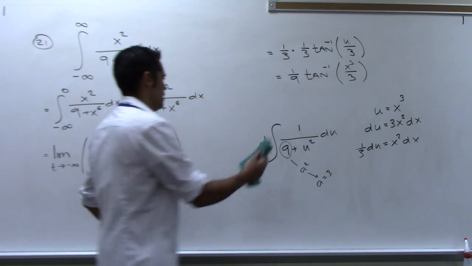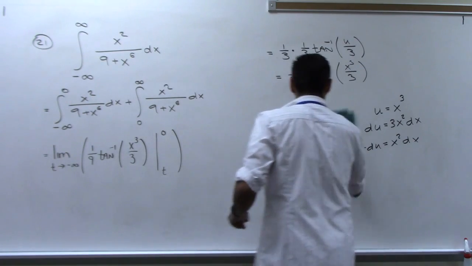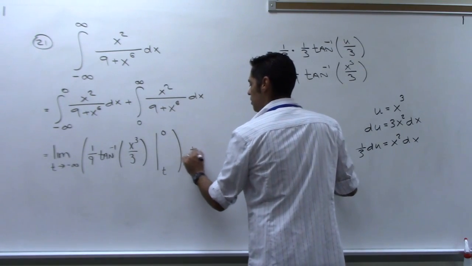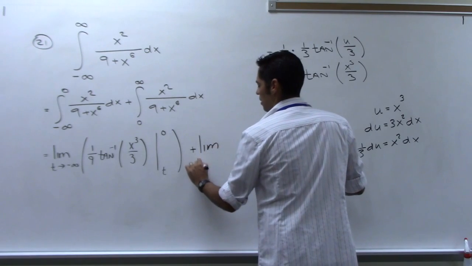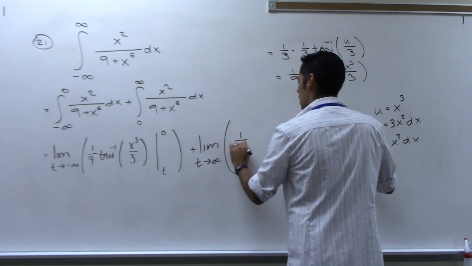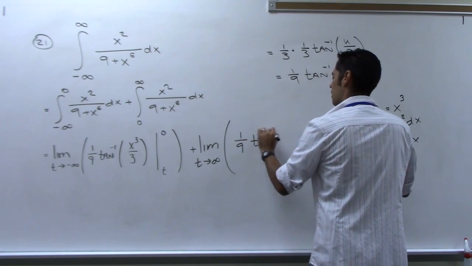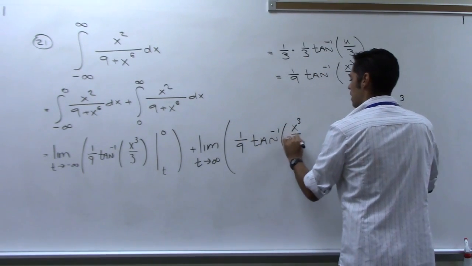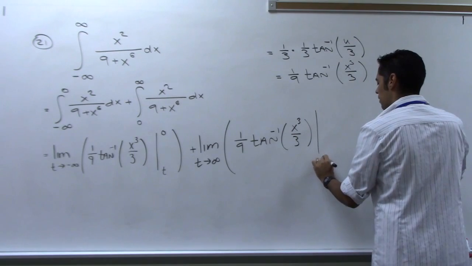So I've got to figure out what that is. Then I've got to go plus limit, this time t is going to go to positive infinity, of the same antiderivative, 1/9 arctangent x cubed over 3, this time going from 0 to t.